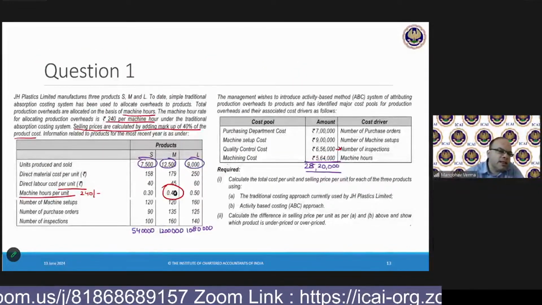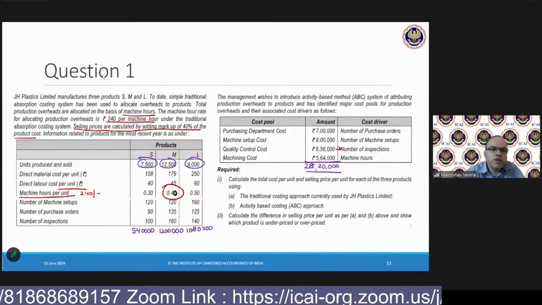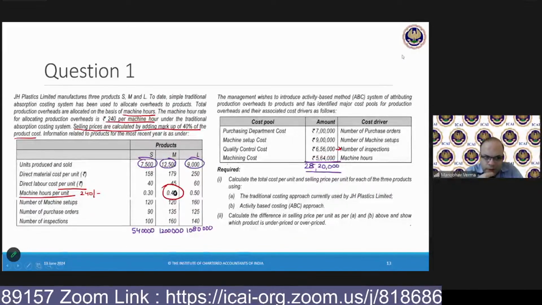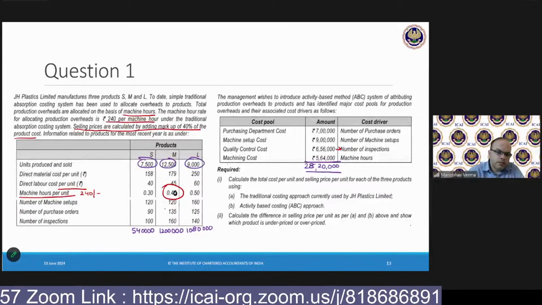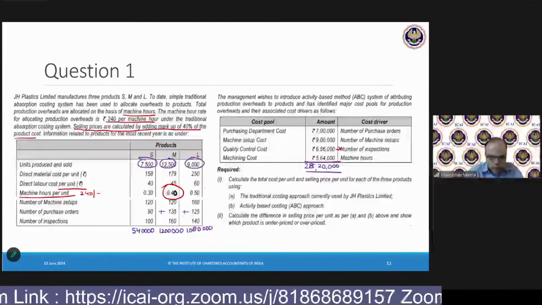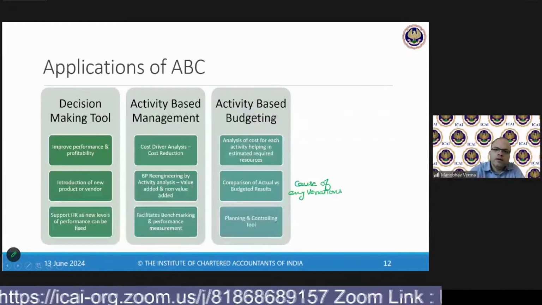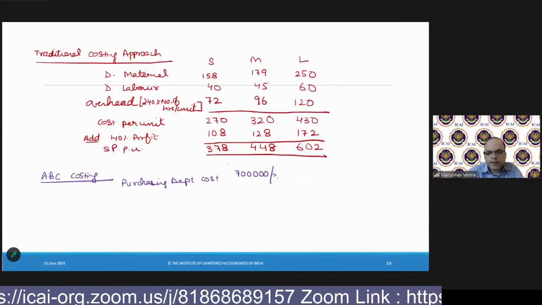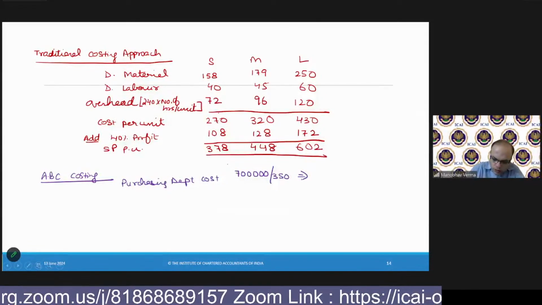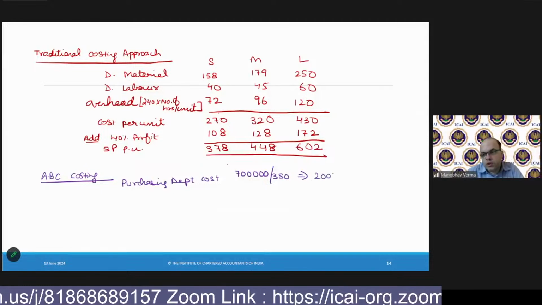What is the total number of purchase orders, guys? Who will tell me? 90 plus 135 plus 125. I'm getting 350 here. So 350. You guys can correct me if there is any issue. So we are looking at 2,000 per purchase order.